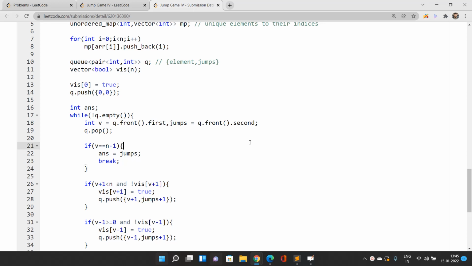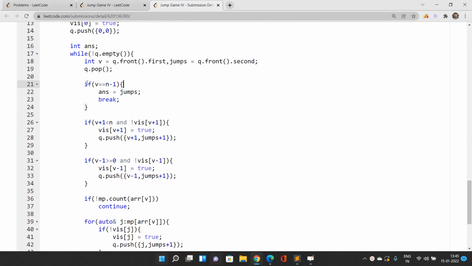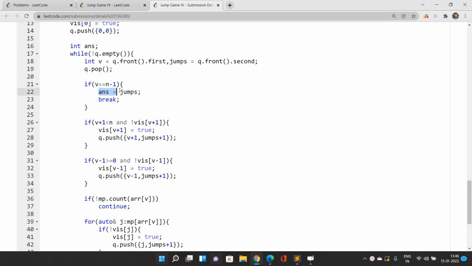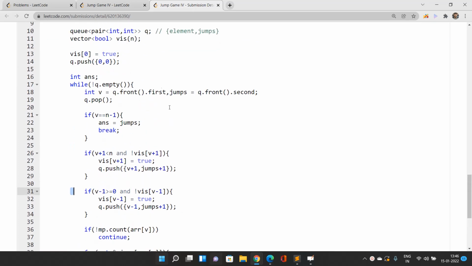You can do that also, but if you are performing a breadth first search traversal, it will manage that already. If at any time v reaches n minus 1, your answer is jumps and we are done. No need to check for the rest of the values. You can find that, but there's no need.